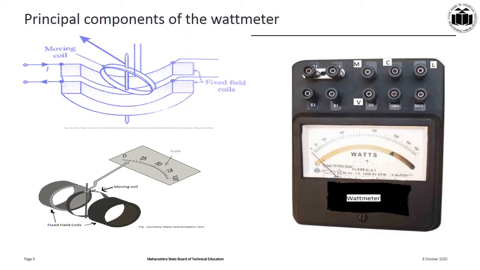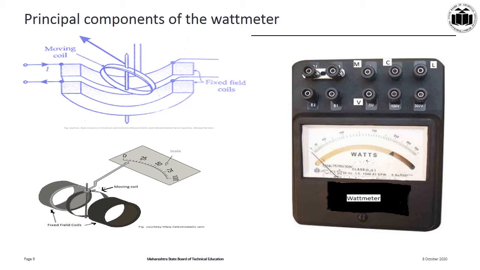Principal components of wattmeter. The electrodynamic or dynamometer type wattmeter is a moving coil instrument where the magnetic field in which the moving coil moves is produced by two fixed coils rather than a permanent magnet. As shown in figure 2, fixed coils are connected in series with the load whose power is to be calculated.